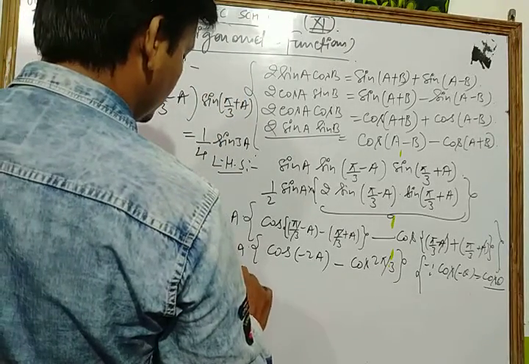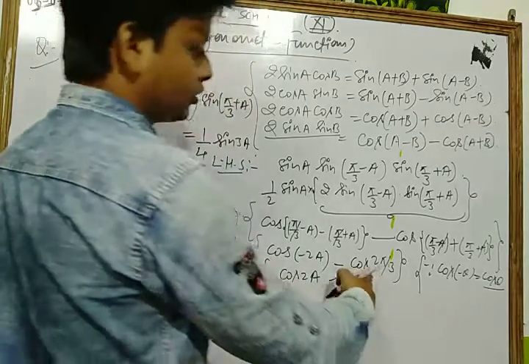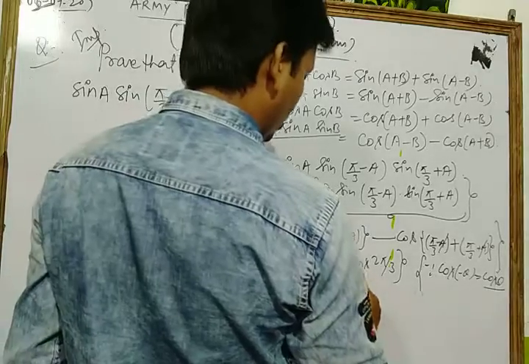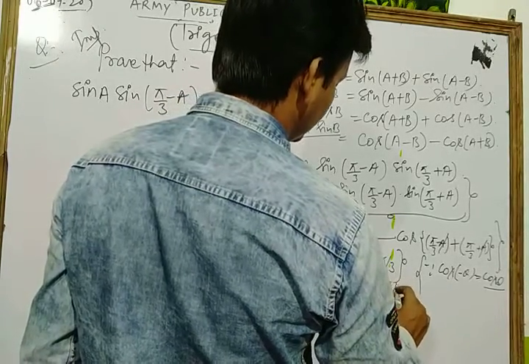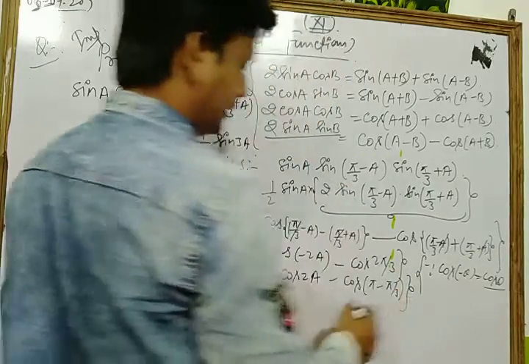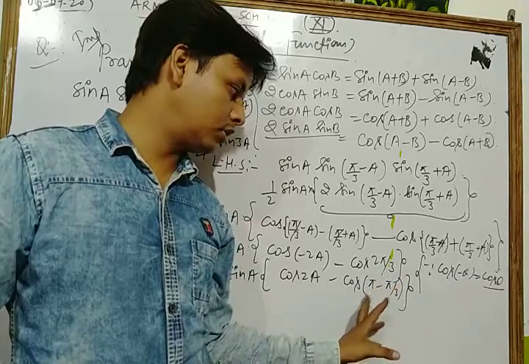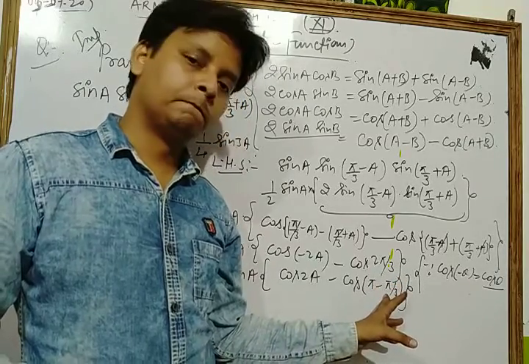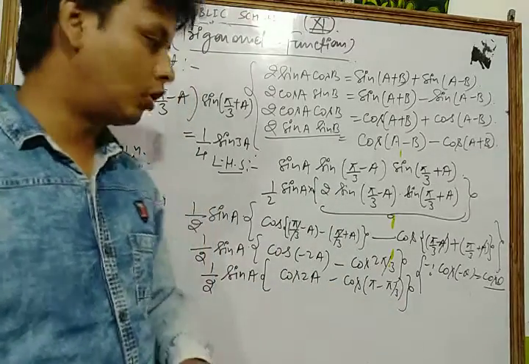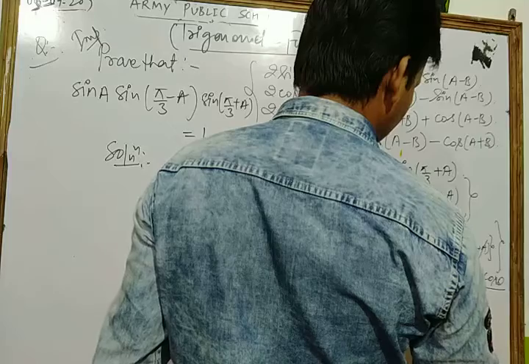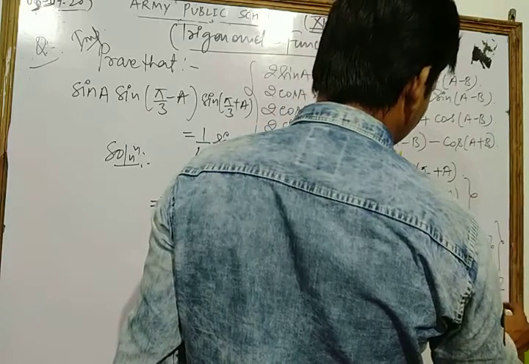Now we have 1 by 2 sin A into cos 2A minus cos 2 pi by 3. Cos 2 pi by 3 we can write as cos(pi minus pi by 3). We know that cos(pi minus theta) is equal to minus cos theta.